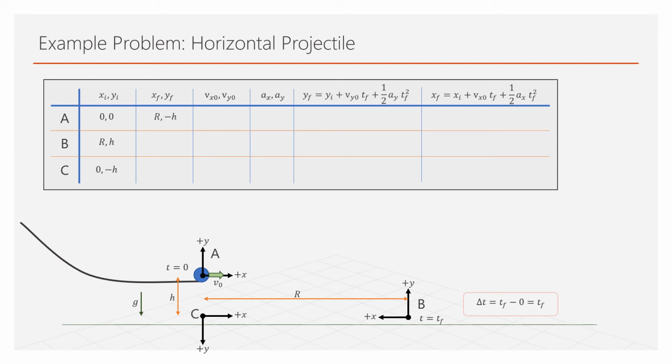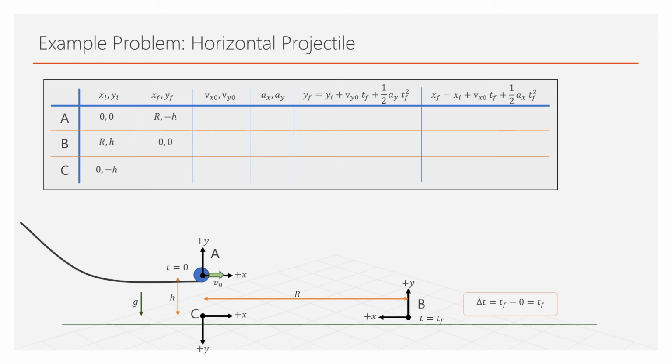We can also find the final position. In coordinate system A, the ball lands a distance r to the right. Motion to the right is positive, and so therefore its x-coordinate is positive r. In coordinate system A, up is positive and down is negative. The ball lands a distance h below the origin, and so therefore its y-coordinate is negative h.